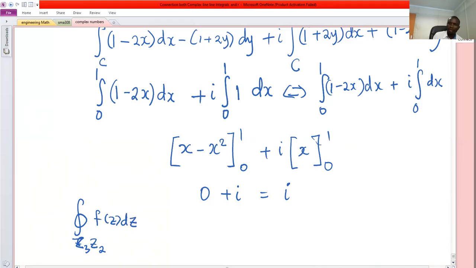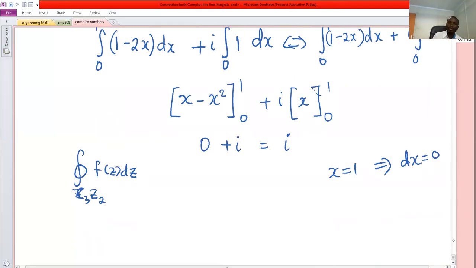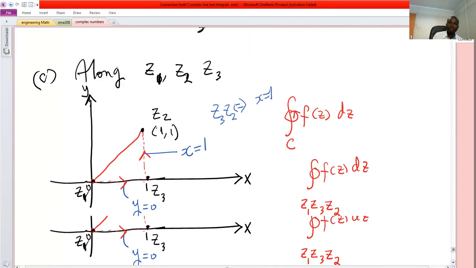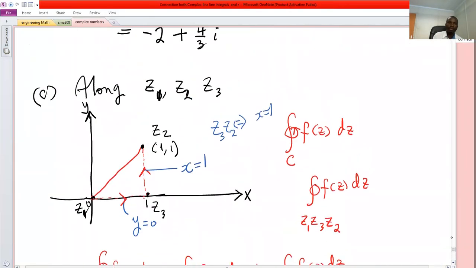Remember for that one, we have the line x equals 1, so x equals 1 implies that dx equals 0. Because we're moving vertically, we are using the limits of y, going from the point (1,0) up to the point (1,1). So y will be moving from 0 to 1.